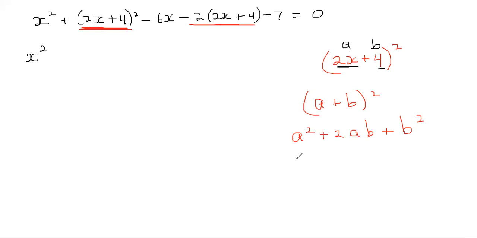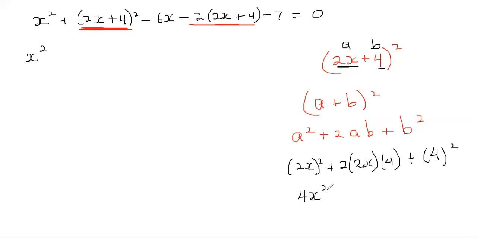So it's going to be 2x squared plus 2 brackets 2x and 4, plus 4 squared. Let's simplify that. 2x squared is 4x squared, plus 2 times 2x is 4x, and 4x times 4 is 16x. And then 4 squared represents 16.